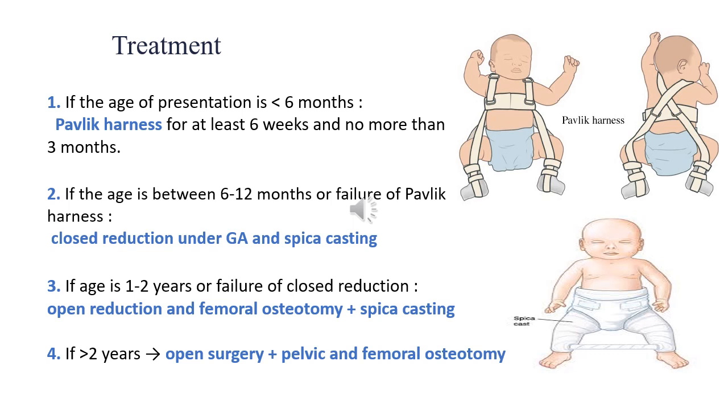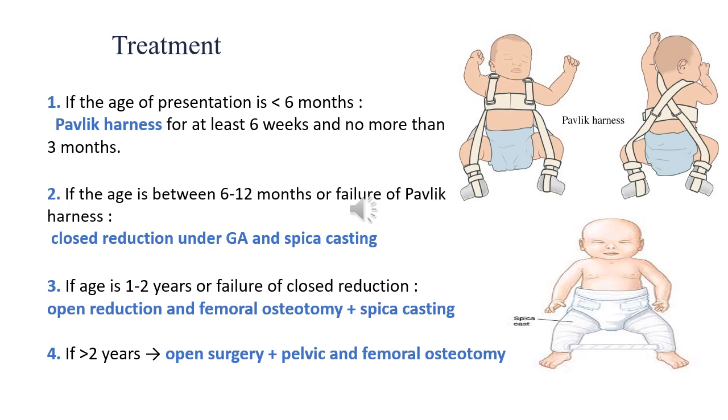The most commonly used is the Pavlik harness, which is shown in the right upper picture, and this is applied for a few weeks with regular follow-up until the hip is relocated and stable, and until the acetabulum is fully developed. And this is successful in more than 90% of cases if detected early.